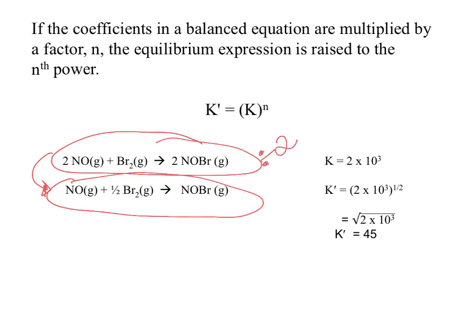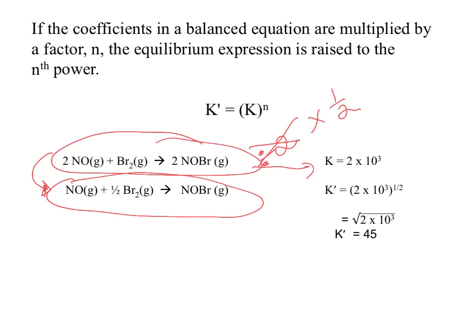Anytime you multiply the coefficients in a balanced equation, that multiplicative factor, I think I just made up a word, becomes an exponent in the equilibrium constant. So it really needs to be in terms of multiplication. Instead of saying divided by 2, I'm going to say multiply by 1/2. Same thing, right?